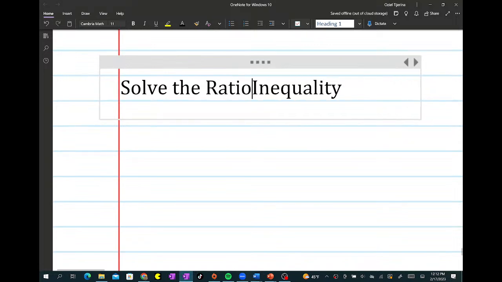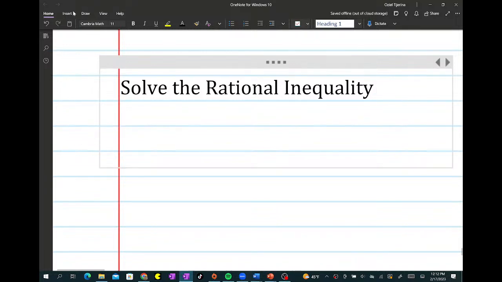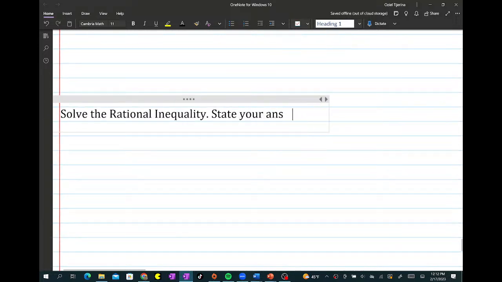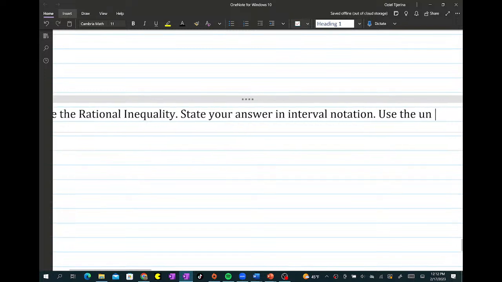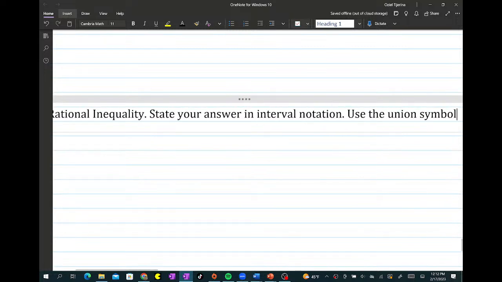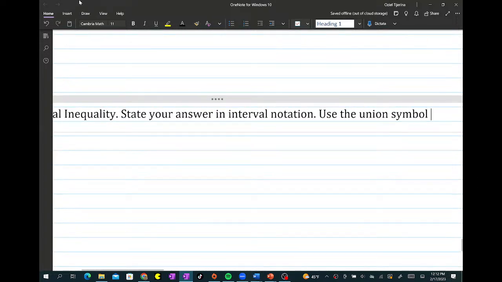Solve the rational inequality. And also, sometimes they say state your answer in interval notation, use the union symbol, if necessary.